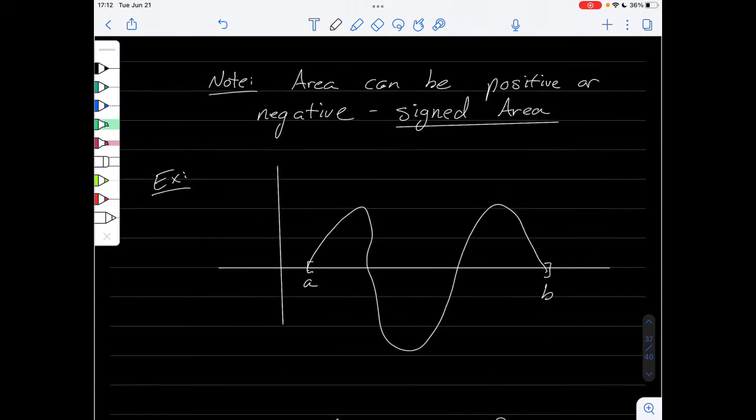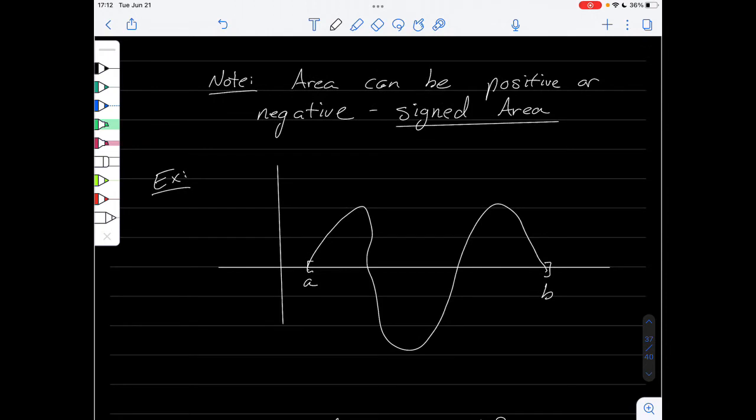It's important to note that when we're talking about area in these particular instances, we're not talking about just a positive area. We're talking about a signed area. So what does that mean? That means that if our area lies completely above the curve, like in these two green areas, then these are positive, a positive area.